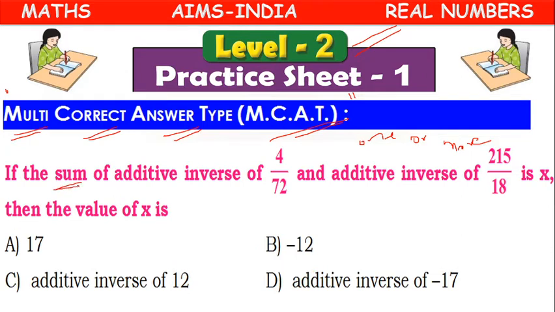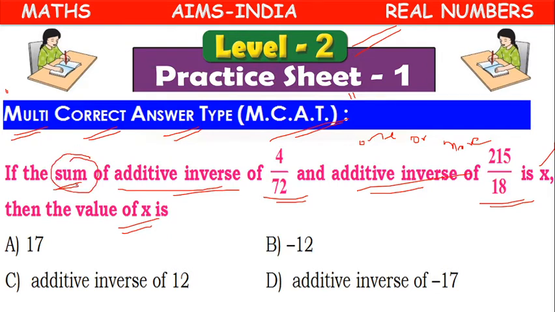If the sum of the additive inverse of 4 by 72 and the additive inverse of 215 by 18 is x, then what is the value of x? Here we have to find the sum. What is the additive inverse of 4 by 72?